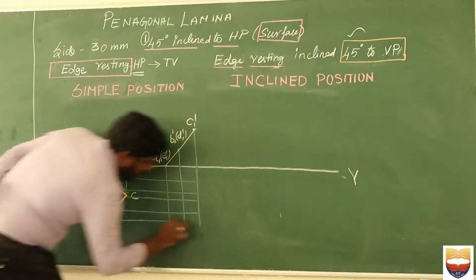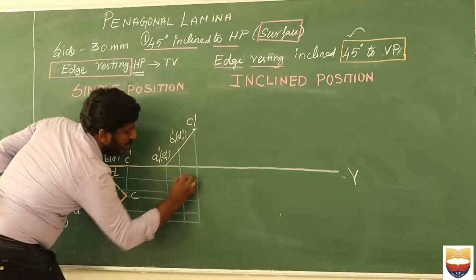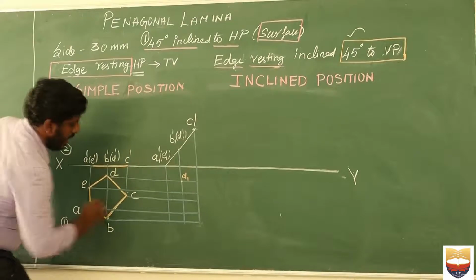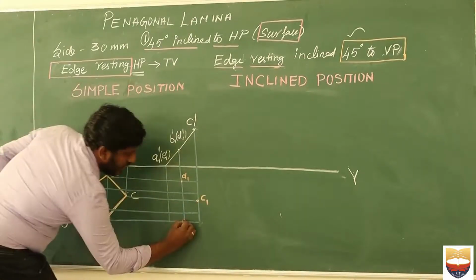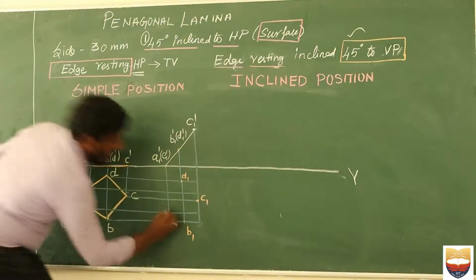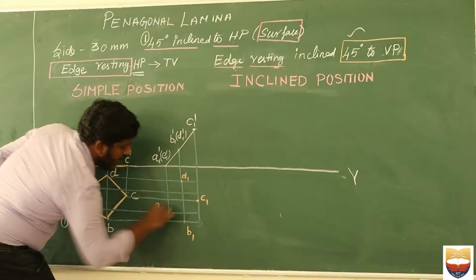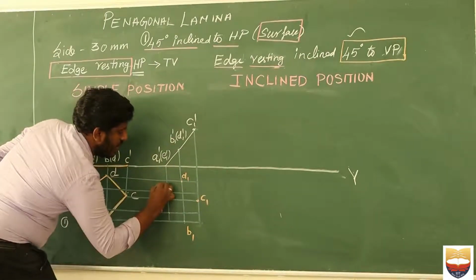So once I project here, I can find the points. Here I can say this is my point D1, this is my point C1, this is my point B1, this is my point A1, and this is my point E1.